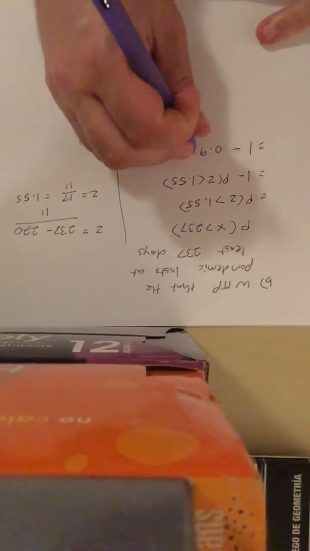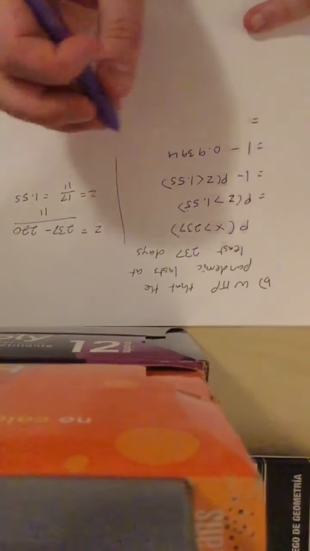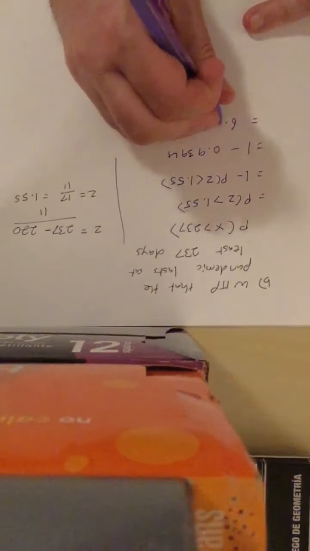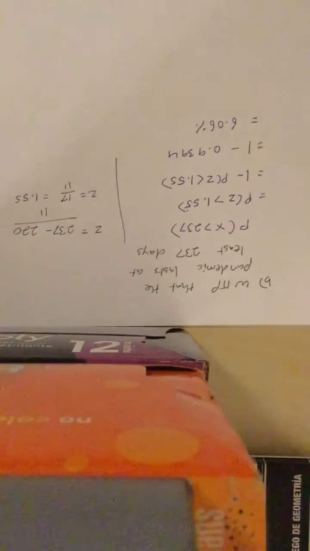So it's 1 minus 0.9394, which would give us 6.06%. So the probability that the pandemic lasts at least 237 days is that.